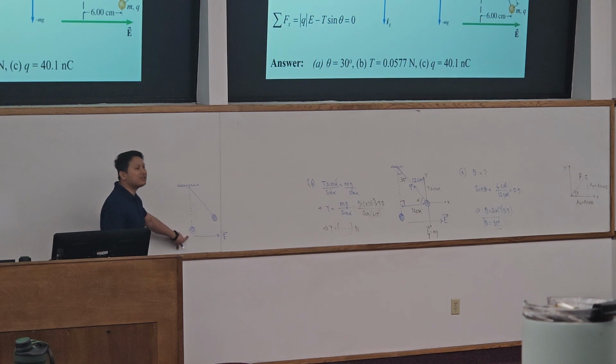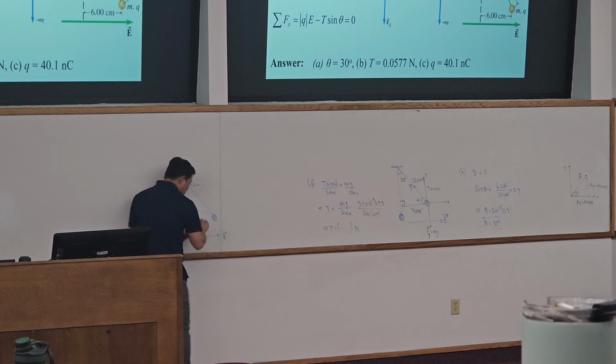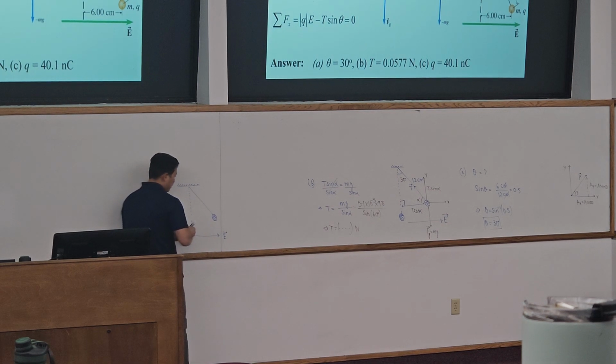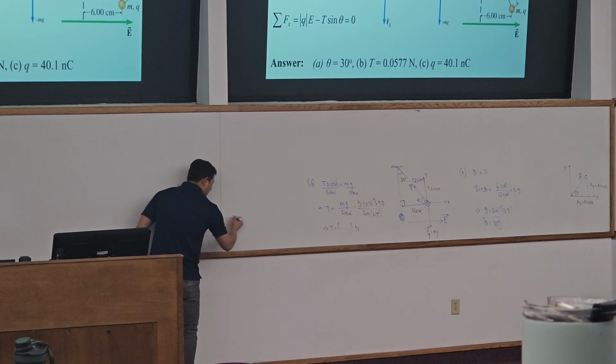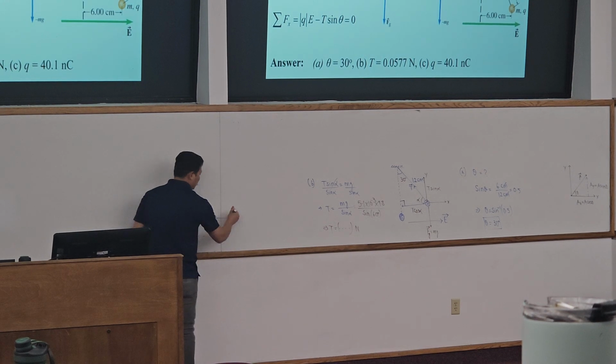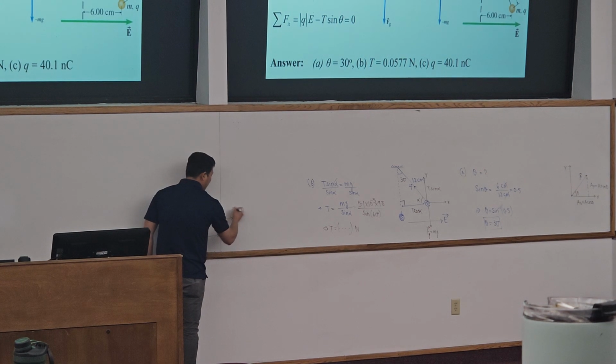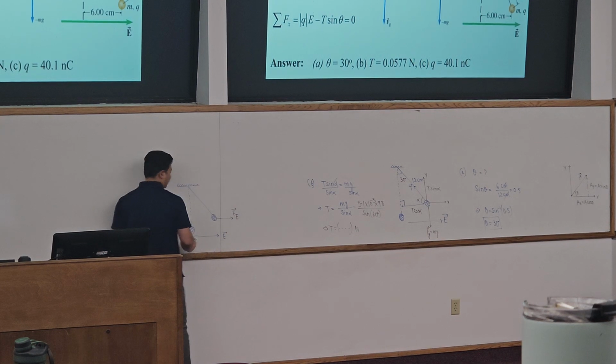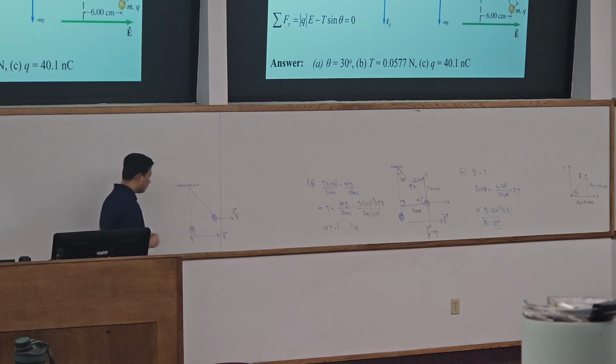This is a charged sphere, because if there was no charge, it wouldn't get influenced. So if it moves in this direction, then you should have a force along this direction. This force is the electrostatic force. Okay? So let Q be the charge on this sphere.